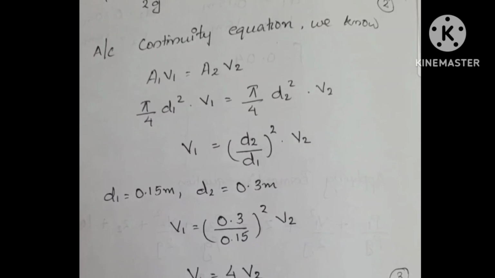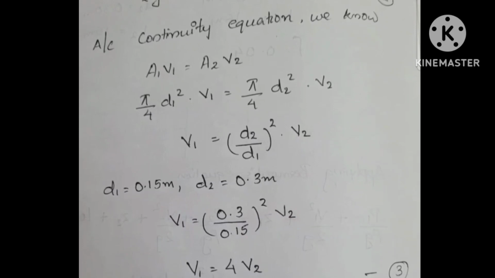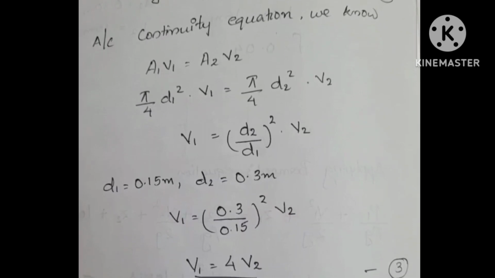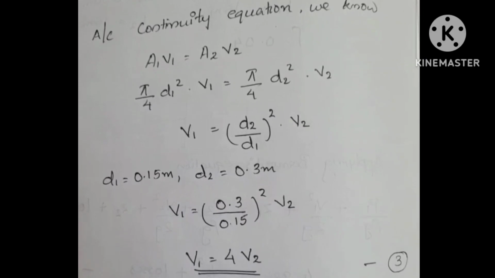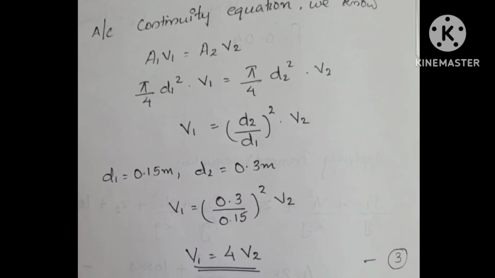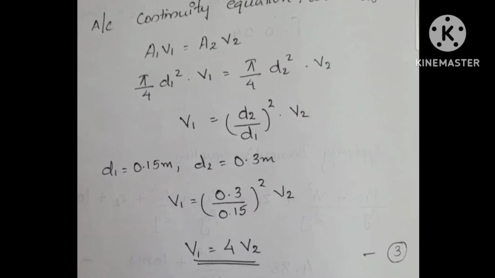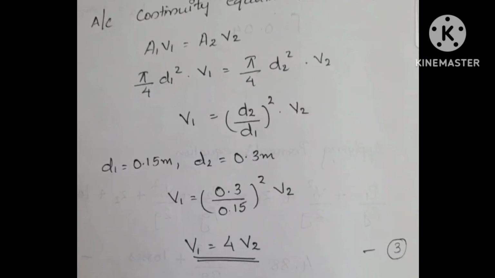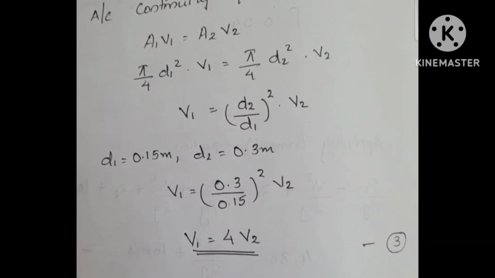Then we have to apply the continuity equation, which is given as A1 V1 is equal to A2 V2. A1 is area of pipe 1, V1 velocity at pipe 1, then similarly A2 area of pipe 2, and V2 is the velocity of flow through pipe 2.